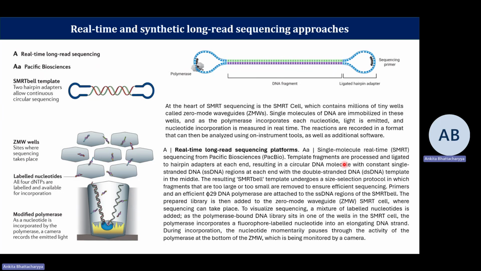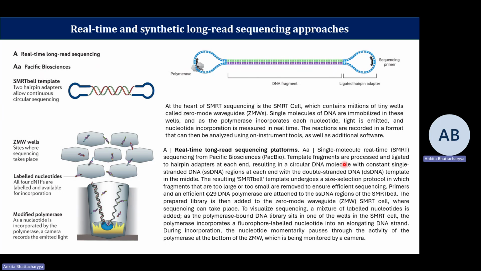And you have this mixture of labeled nucleotides. During incorporation, the nucleotide momentarily pauses through the activity of the polymerase at the bottom of the ZMW, which is a zero mode waveguide well, which is the hexagonal well you can see on the left, very similar to what we have previously discussed about the flow cell.